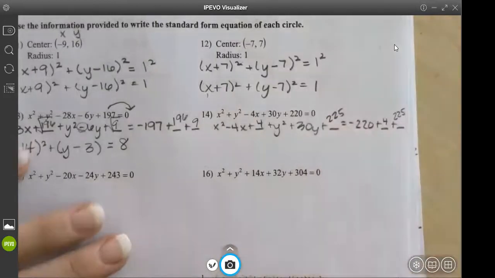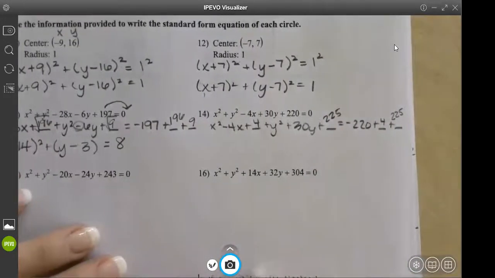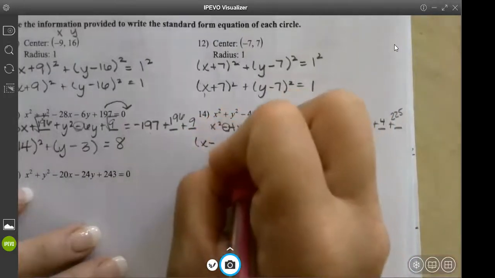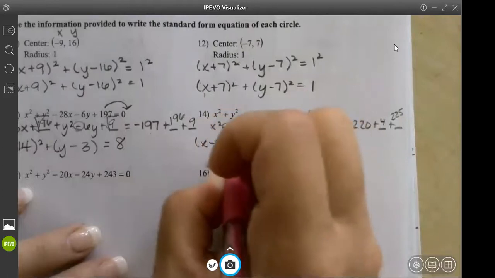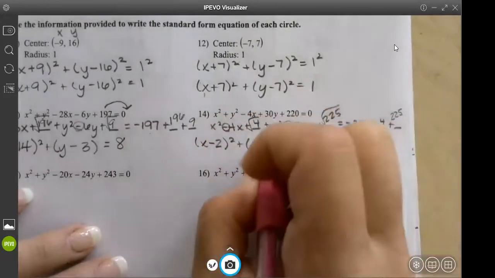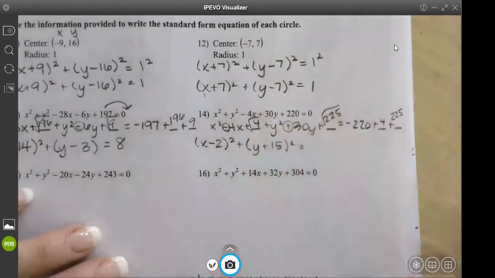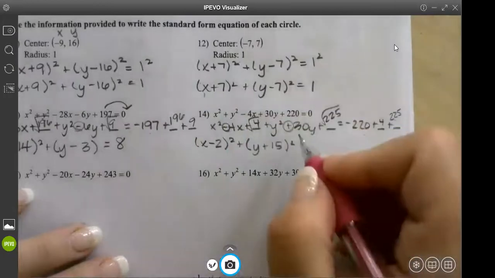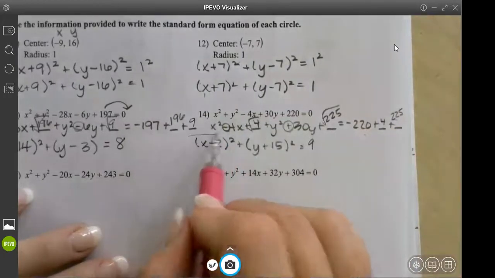We're going to rewrite. X, our first sign is minus, square root of 4 is 2. Y, our first sign is plus, square root of 225 is 15. Negative 220 plus 225 is 5, plus 4 is 9.